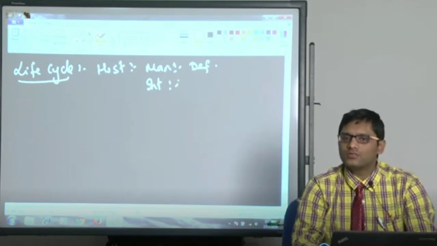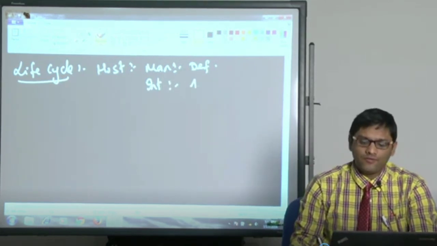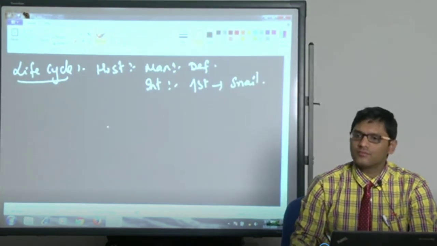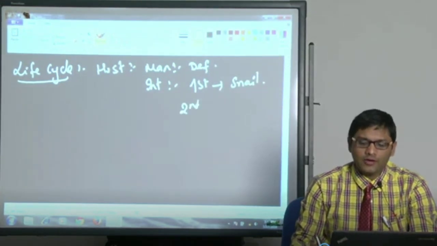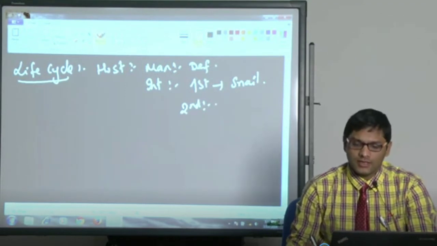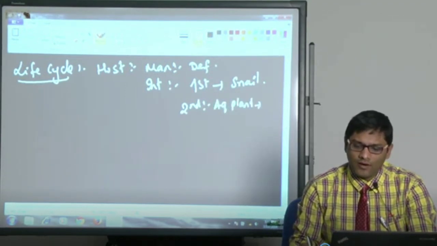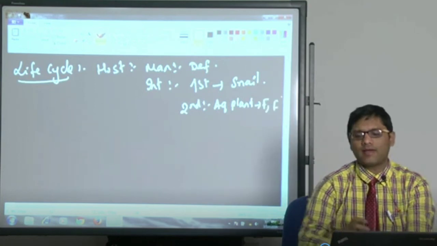Whereas the first intermediate host is the snail. The second intermediate host is an aquatic plant for F. How many of them have F?